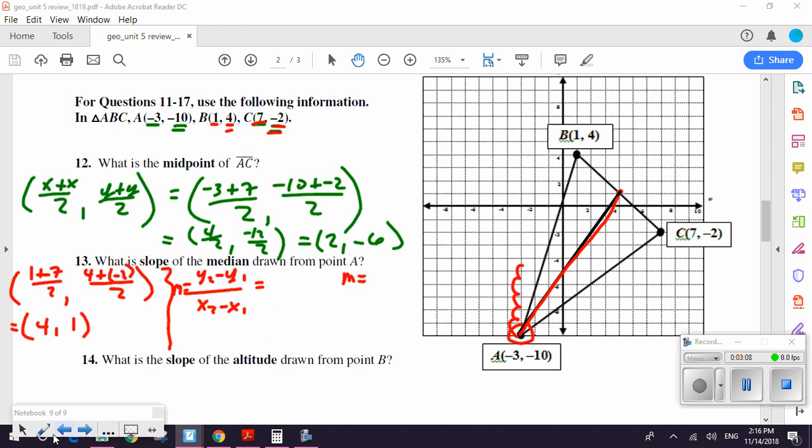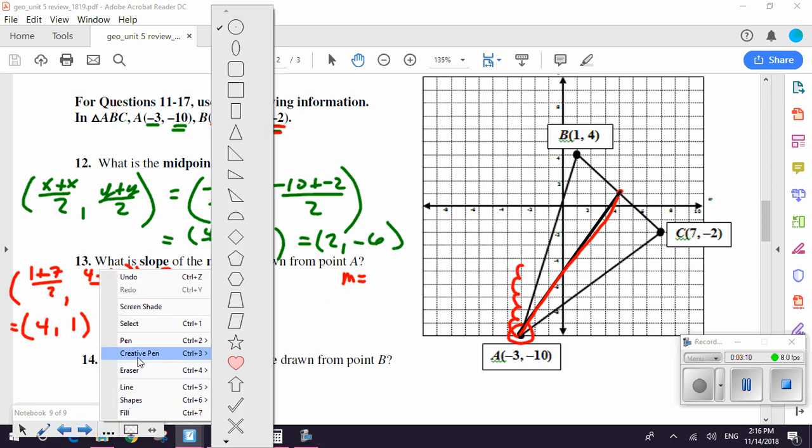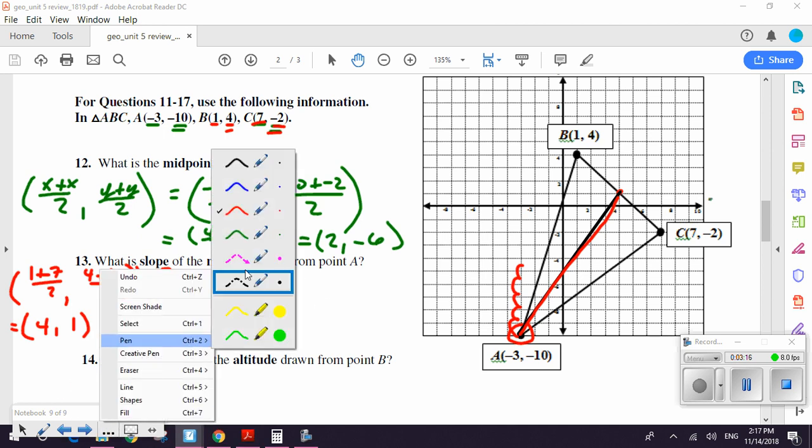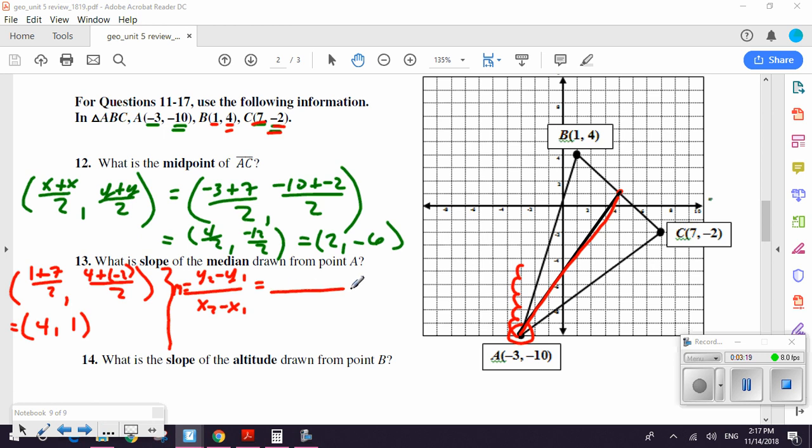So now, again, continuing using the formula, when you use it properly, first identify who is your first and second y's. So I'm going from A to 4, 1, okay?